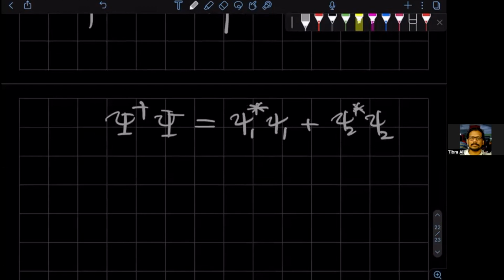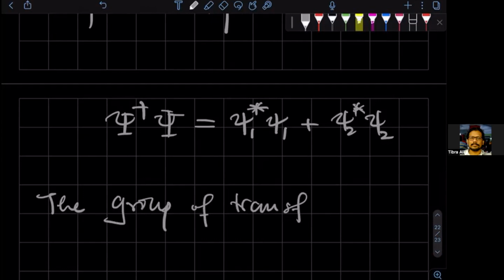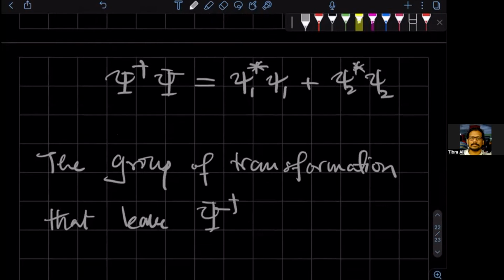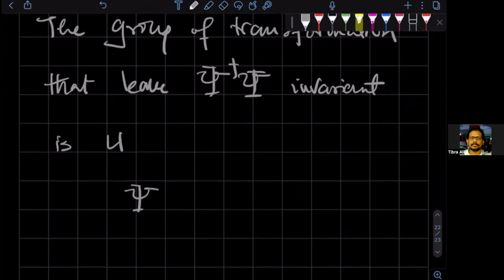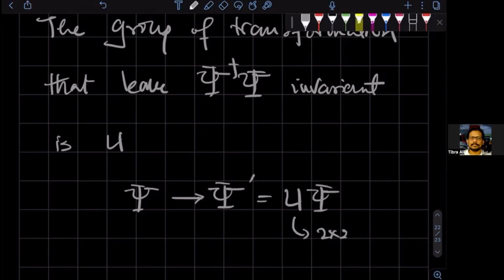So now the group of transformations that leave psi dagger psi invariant is, suppose we denote it by U. So if I have psi and I change it to psi prime, which is related to some matrix U acting on psi, this is a 2x2 complex matrix, right?